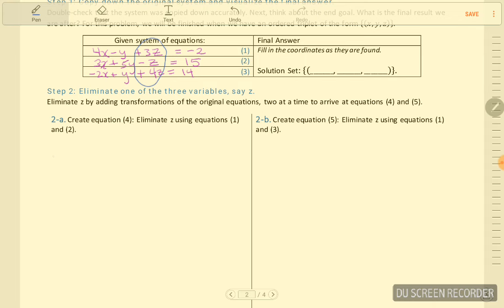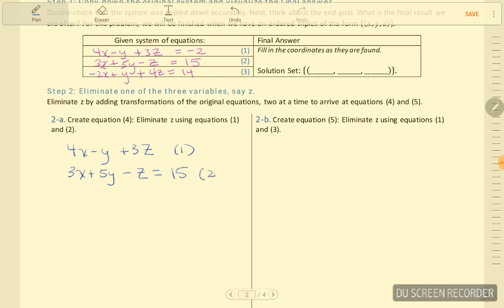So I'm going to use equation 1 to create equation 4. I'm going to use equation 1 and equation 2. All right, so equation 1, 4x minus y plus 3z equals -2. I'm going to use that with equation 2, 3x plus 5y minus z equals 15.